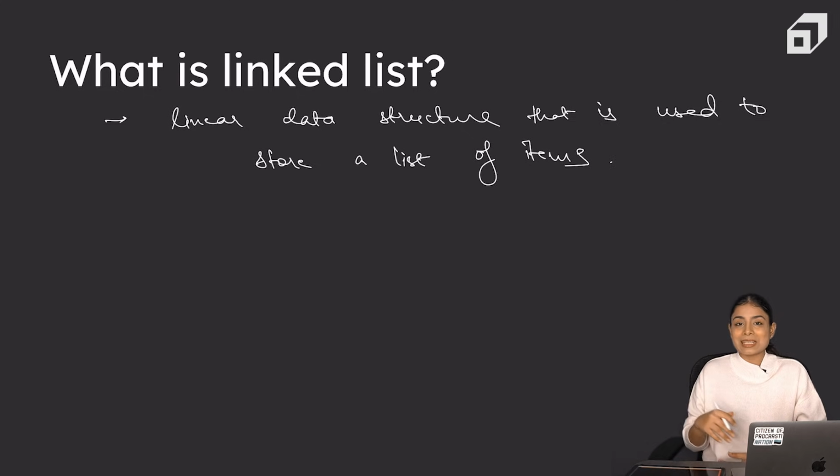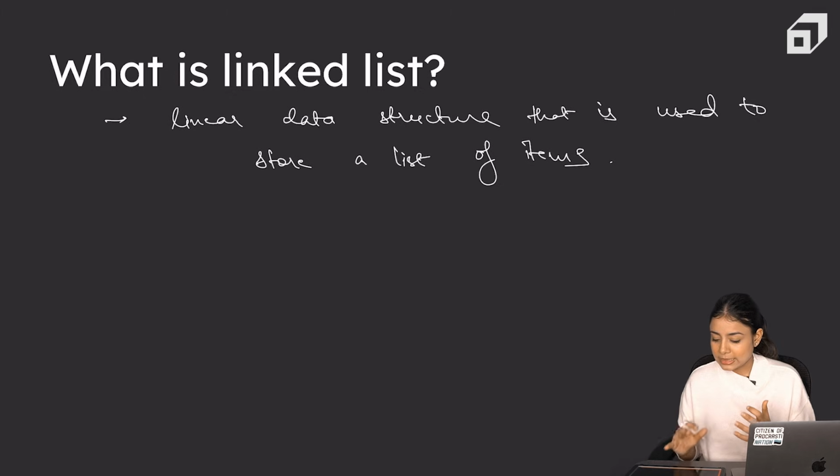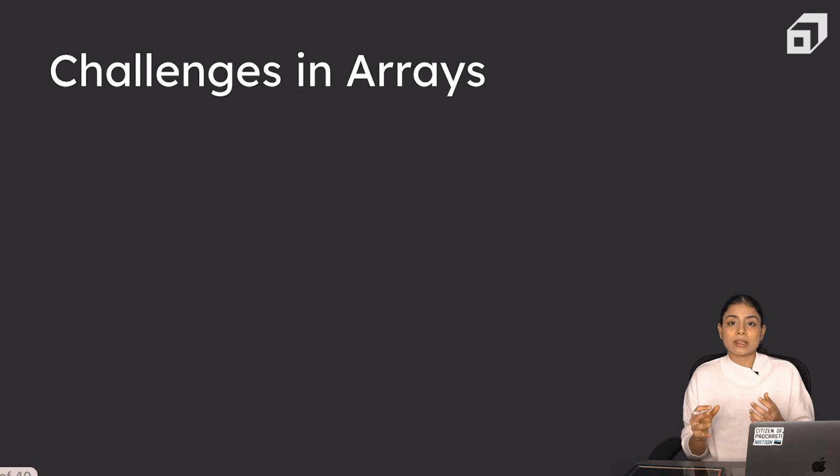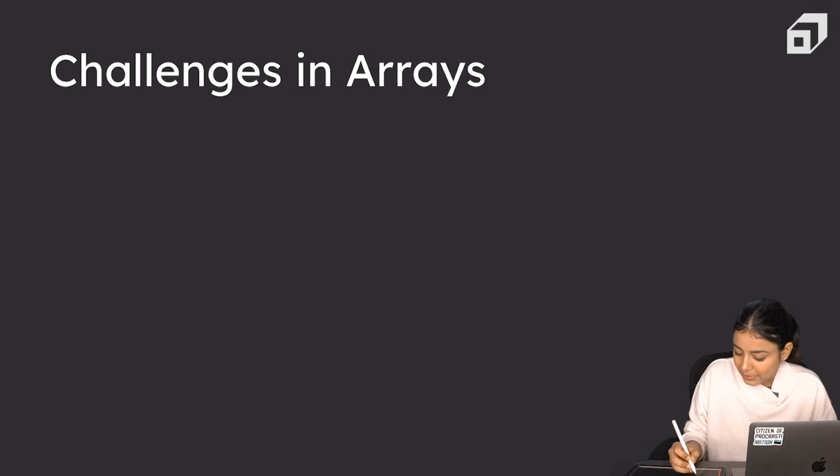Now, I can say the same thing about an array as well. An array is also a linear data structure which stores a list of items. But linked list in some ways I can say is better than arrays. Let's see how. Now there are some challenges that we face when we implement arrays.